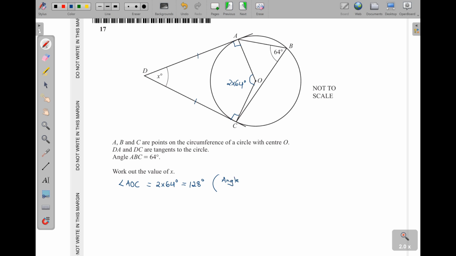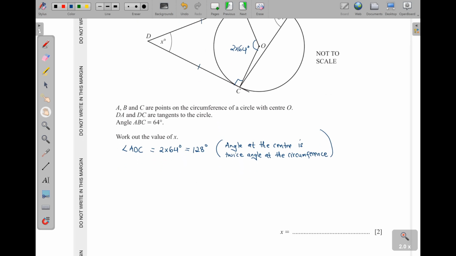Angle at the center is twice the angle at the circumference.